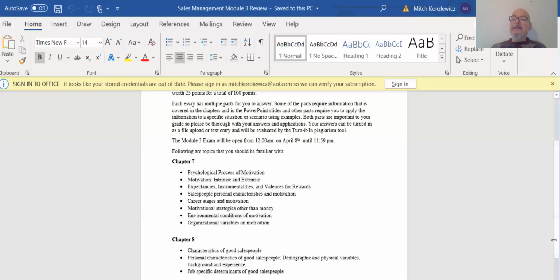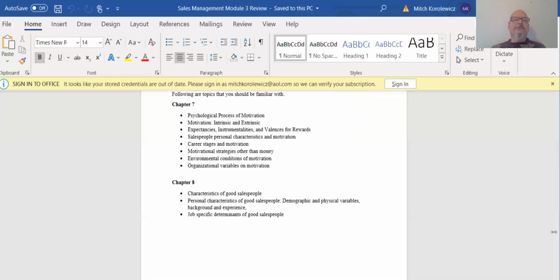Then chapter 8, what I want you to really focus on is what are those characteristics of good salespeople. Some personal characteristics of good salespeople or any salespeople. You know, what are their demographics? Are they younger, are they older? What are the physical variables?